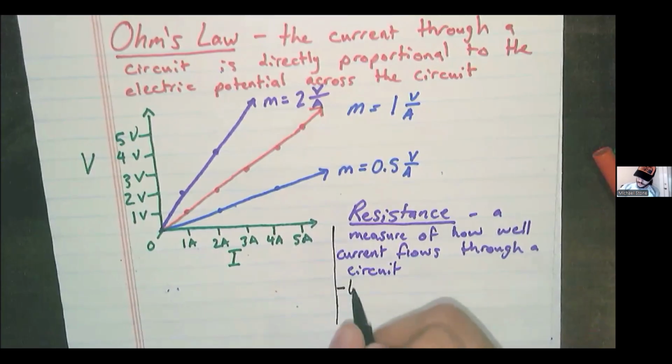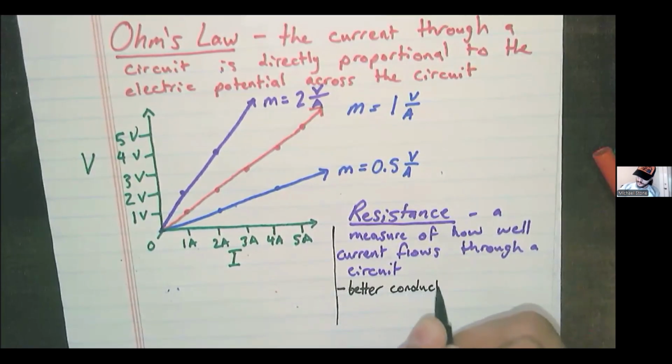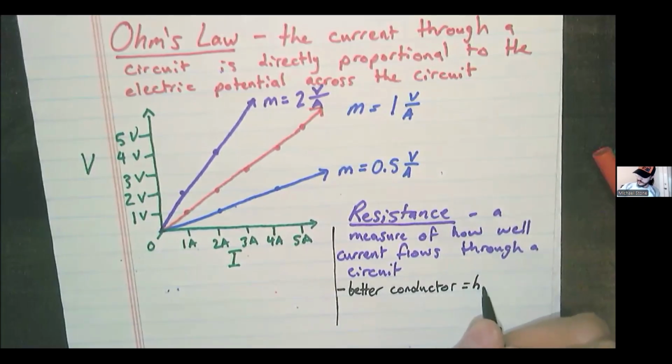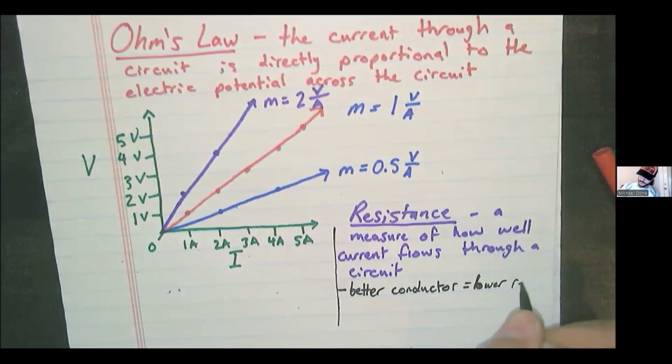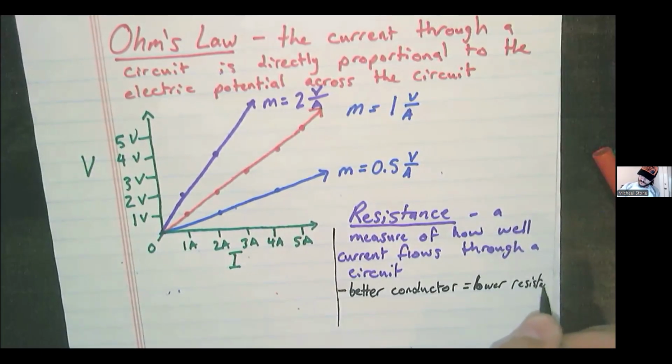In short, a better conductor yields a lower resistance.